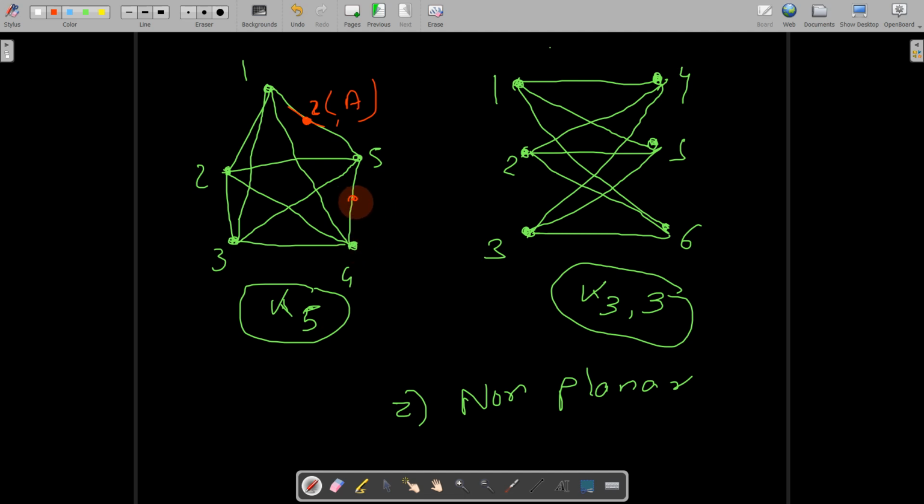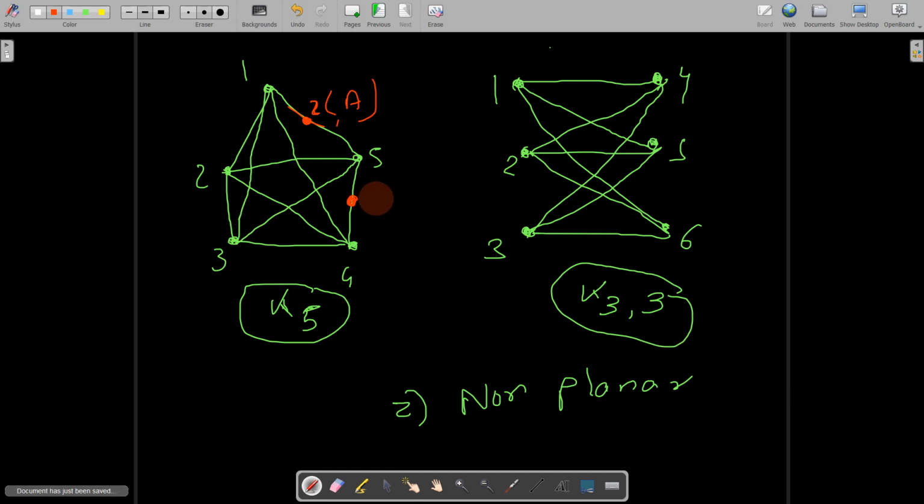Okay. So by introducing any new subdivision degree 2 vertices in between the edges, or making subdivisions to the original K5 or K33 graphs, if you then remove these subdivisions of degree 2 and join the edges directly, and it results in K5 or K33, then we can conclude the graph is definitely non-planar.